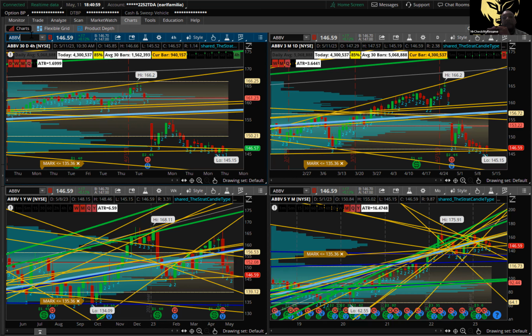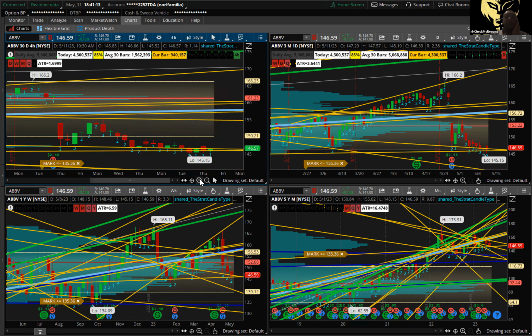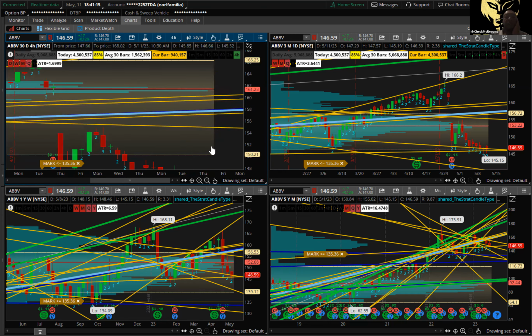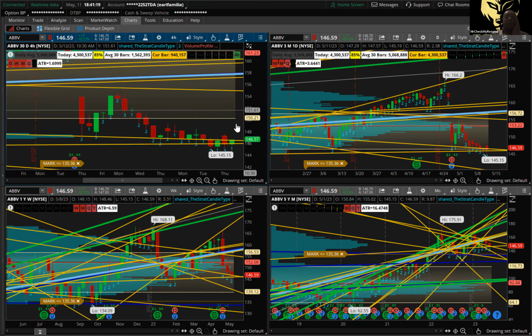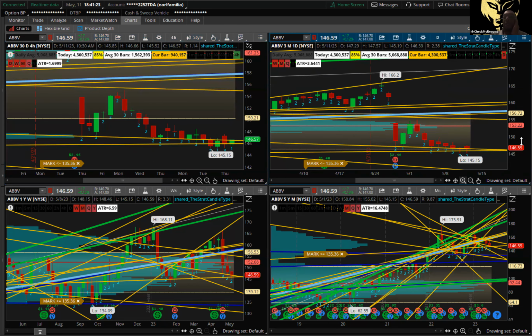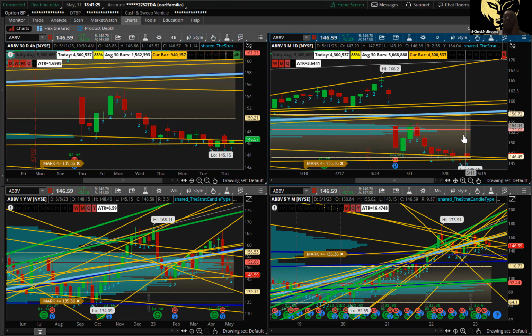I think this thing probably has some more room to consolidate. It's got to consolidate a little more first before it goes back up, in my opinion. So I think it's going to hang around those broadening formations for a little while. That's my assessment. Time frame continuity against you is too strong right now. So I'll probably let it be in terms of Abivide.